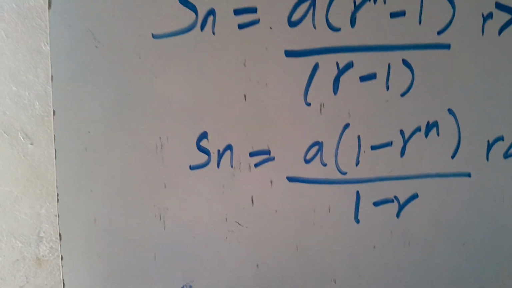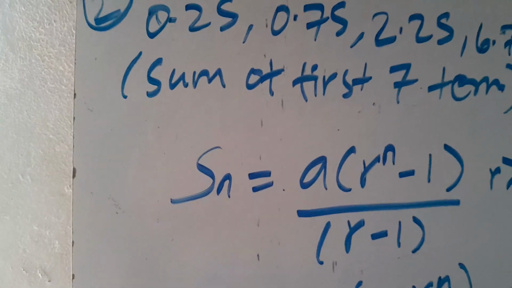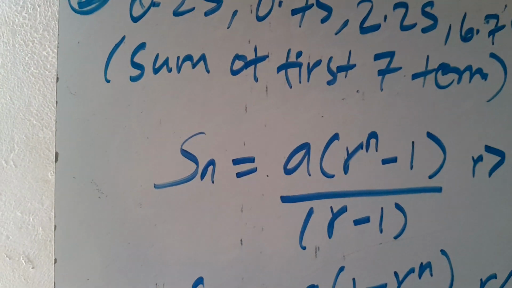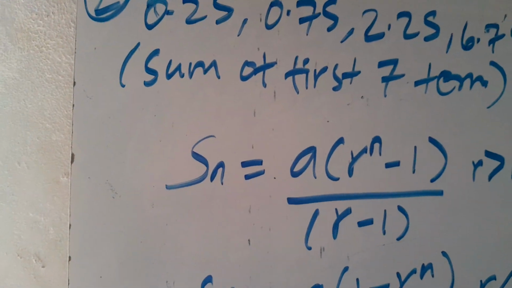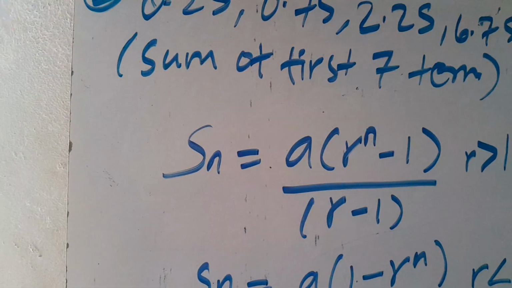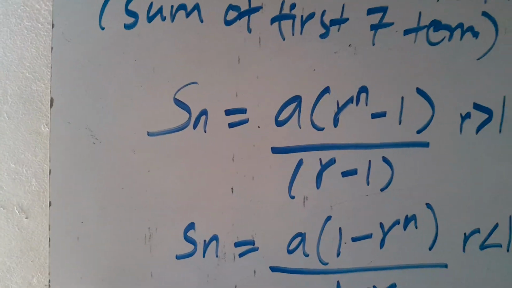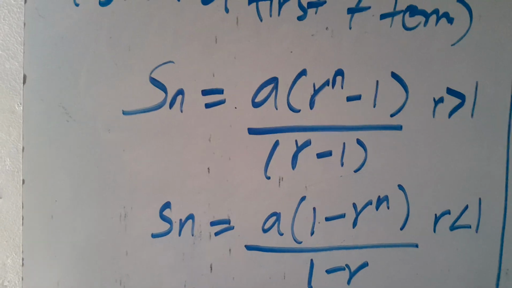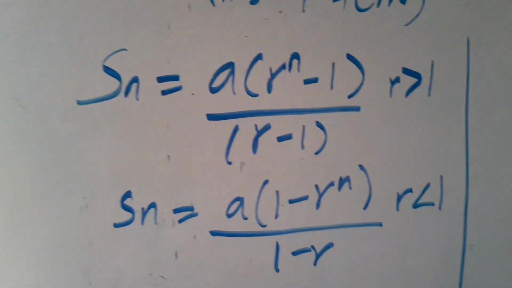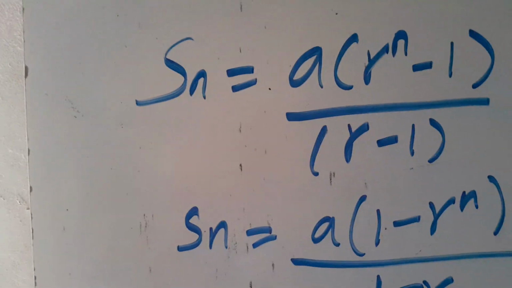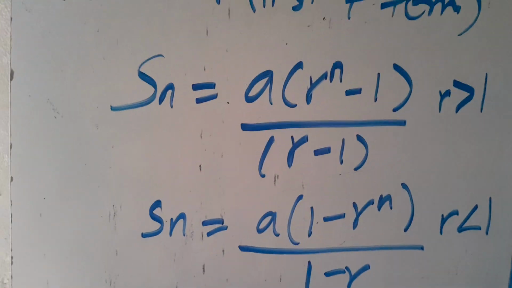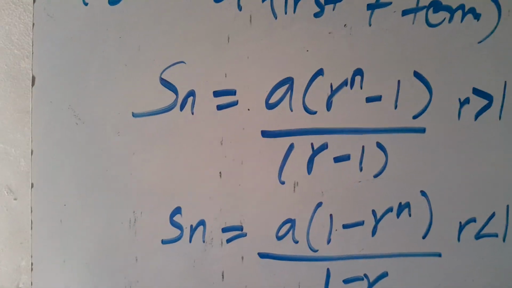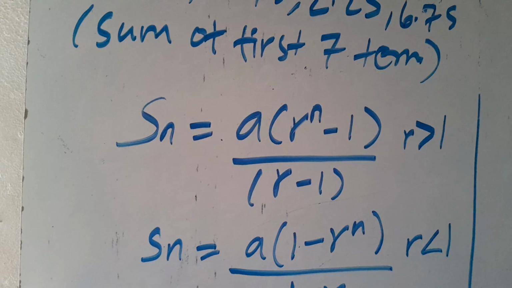But in our case, the value of r is greater than 1. If you have 0.75 divided by 0.25 to find the ratio between the consecutive terms, you find out that r is 3, and 3 is greater than 1. So we will use the first formula to find the sum of the first 7 terms in our case.